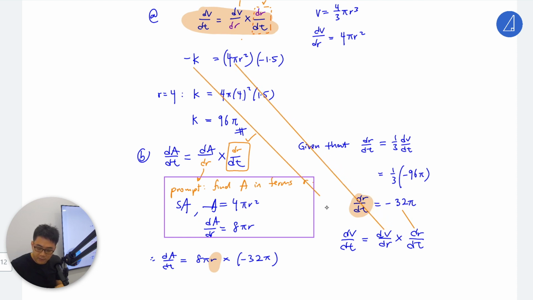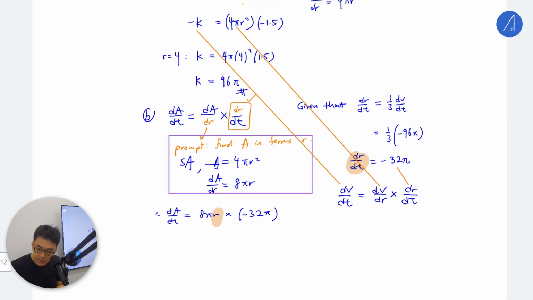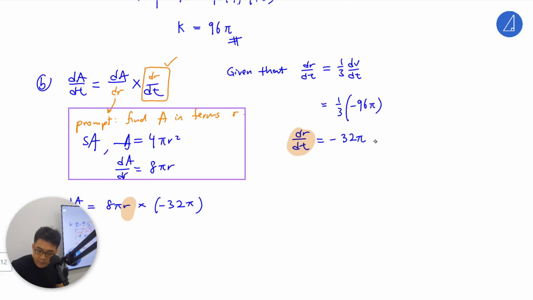Then this k we already found. So this time what we get is negative k, so it's negative 96 pi. dV/dr is 4 pi r square times negative 32 pi. So you have dV/dt, right? dV/dt is negative 96 pi.